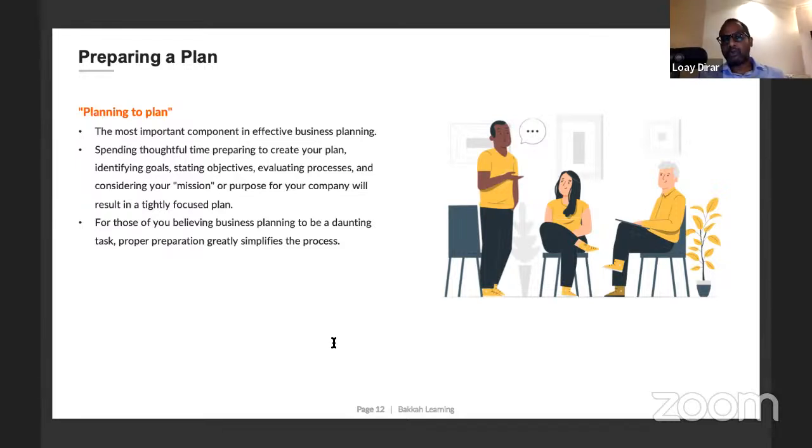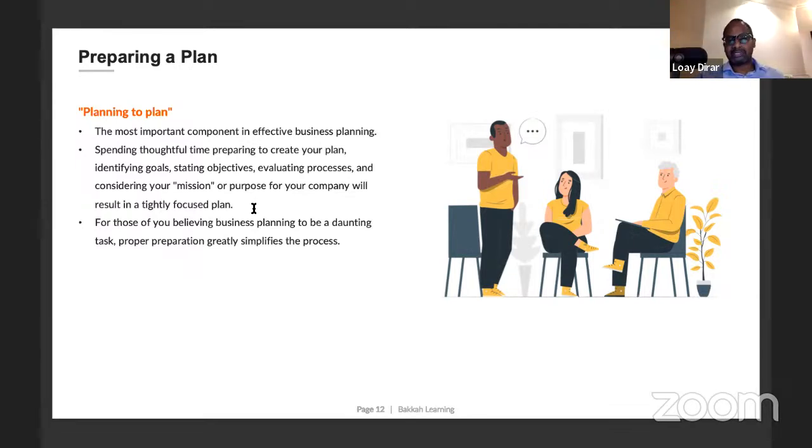Whenever you want to develop a business plan, think of it as a document that helps you plan for the establishment of your business. In such a case, you need to develop a roadmap of how you're going to develop your business plan. This is why we call it a plan to develop a plan, or planning to plan. The most important component in effective business planning is spending enough time preparing to create your plan.